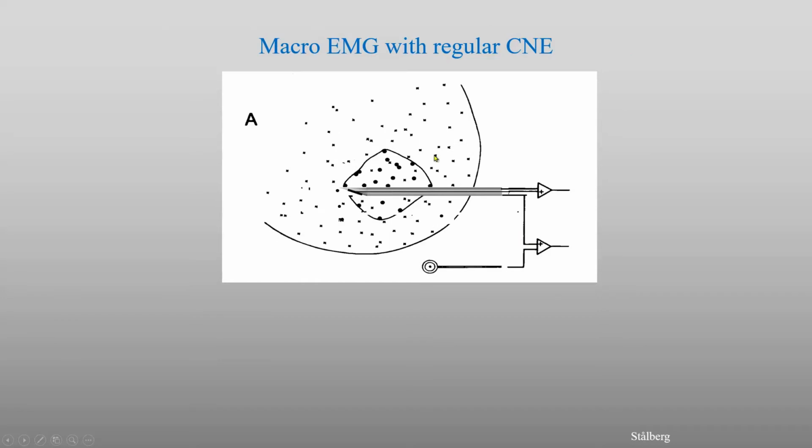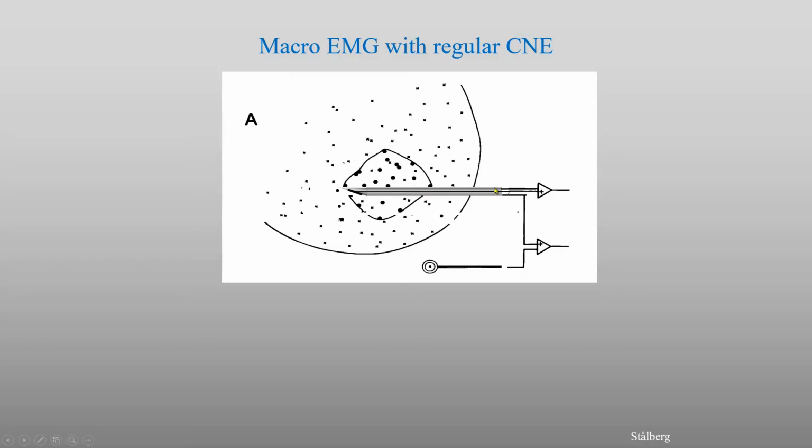We can do the same thing with the concentric needle electrode, where if we have the electrode modified, then we can get a constant size of it, but usually we have to work with a full size concentric needle electrode, and that is a bad thing because we have different length of the recording, and that will influence the macro EMG signal a little, but at least it gives a rough estimation.